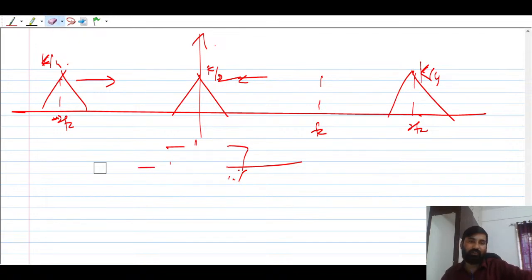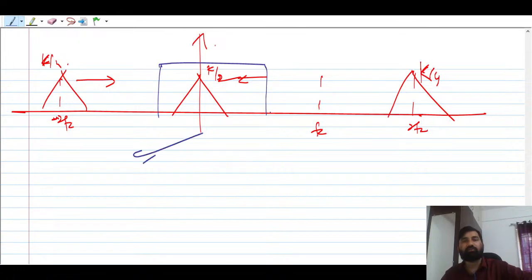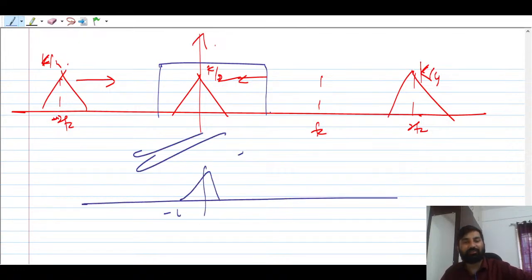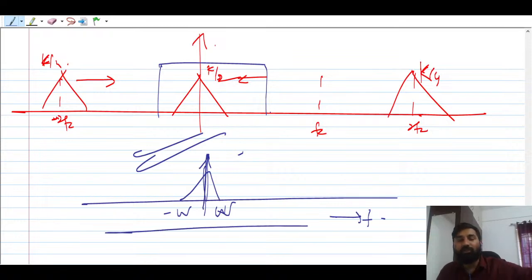You pass this signal through the low pass filter, and you will get the original signal back. I think this is clear. I believe this is fine.